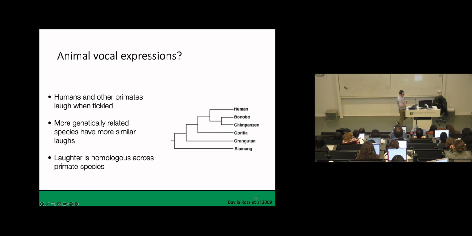So a human and a chimpanzee will be a lot more similar than a human and a fish, for example. And this points to this idea that laughter is homologous across primate species. Right? It's not exactly the same, but it has shared features and similarities.